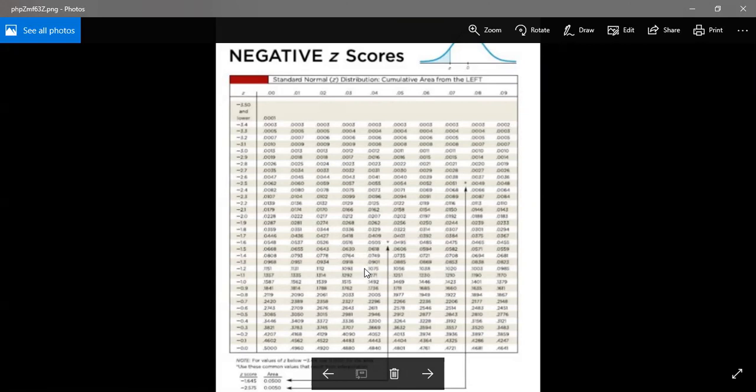There's 1711 and 1685. 0.17 will be in the middle of that. I'll choose 0.1711, giving me a row negative 0.9, column 05, giving me a Z of negative 0.95.